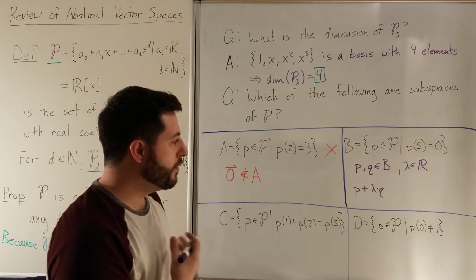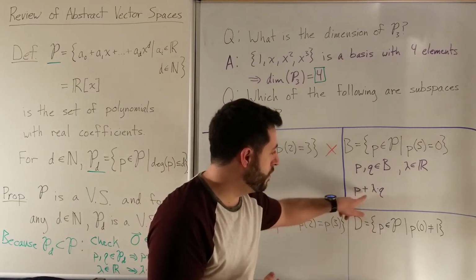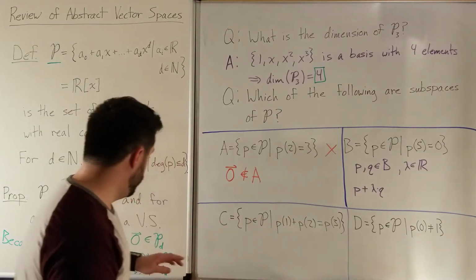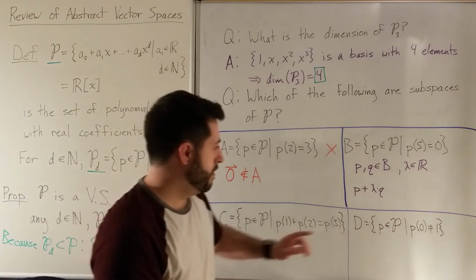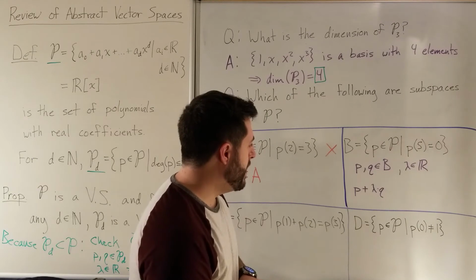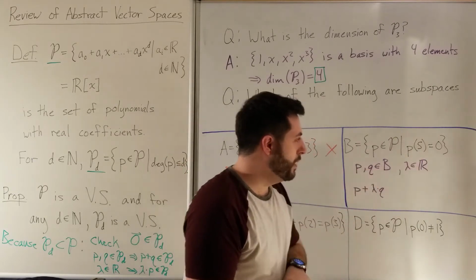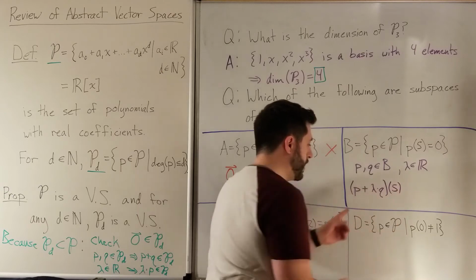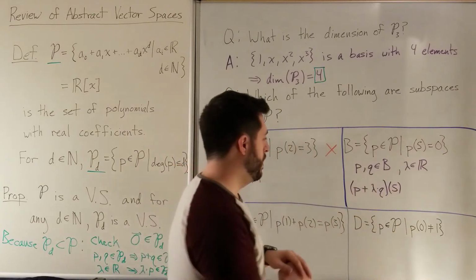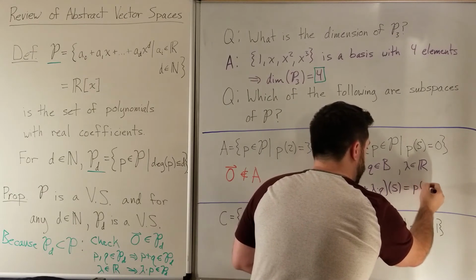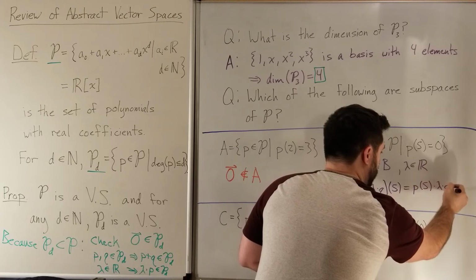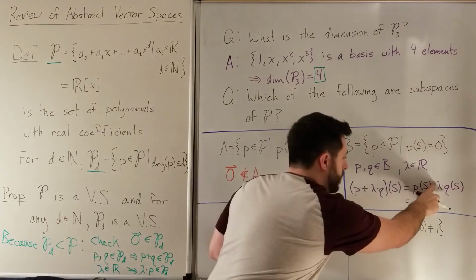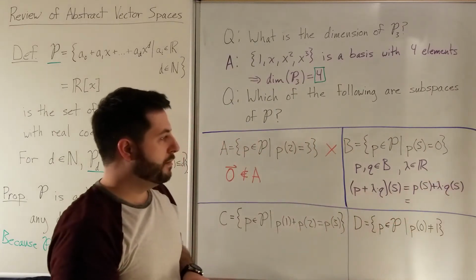Okay? And you should be able to reason out that if all polynomials of this form are in your set and the zero vector is in the set, which we've already checked, then all three of these items must be satisfied. Okay, so I'm going to go ahead and check that. So if I know that P and Q have this property such that when I plug 5 in, I get 0, then when I plug 5 into this more complicated polynomial, P plus lambda times Q, I should get, just by definition, P of 5 plus lambda times Q of 5.